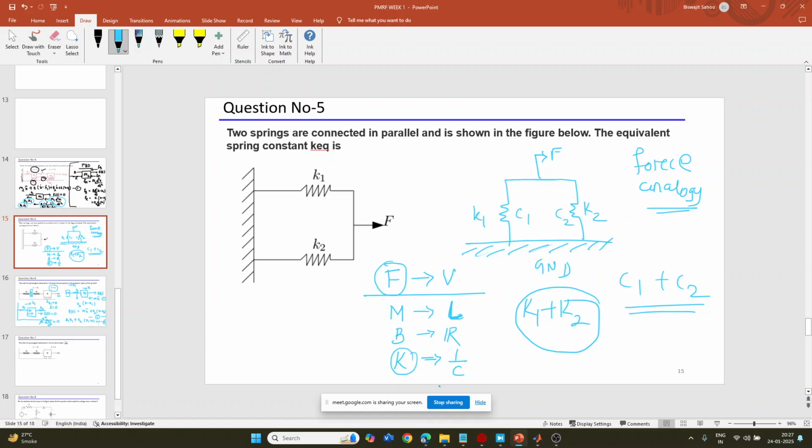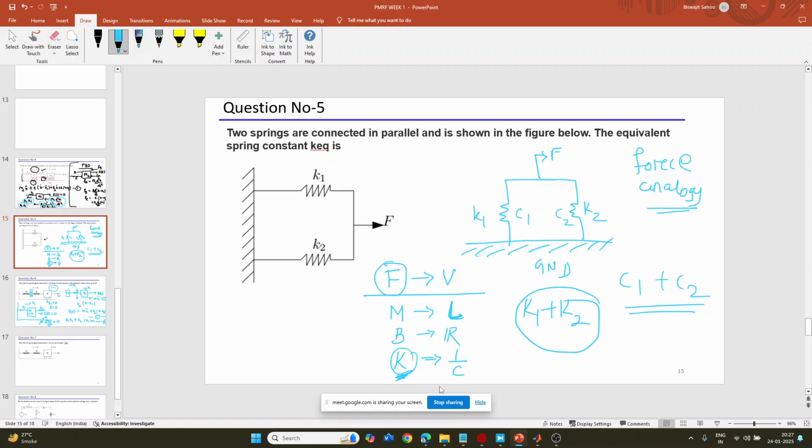The idea is that you have to remember all these things. Whenever a spring is there, you assume in your mind it is some sort of capacitance. Now two springs are there, so they should be connected in parallel. So the equivalent spring constant is the addition of these two, K1 plus K2.